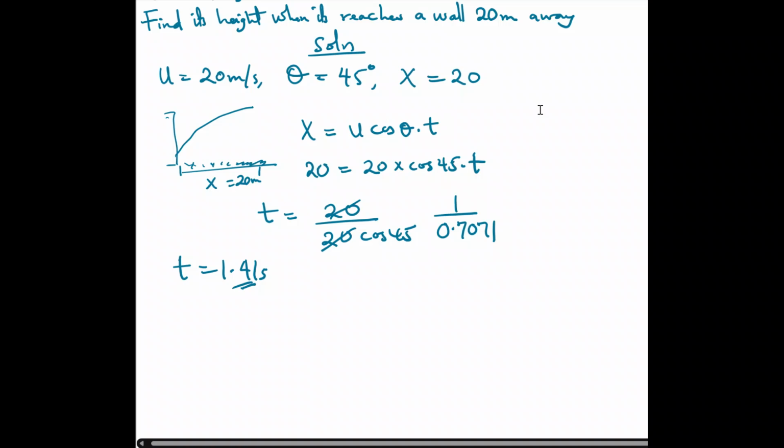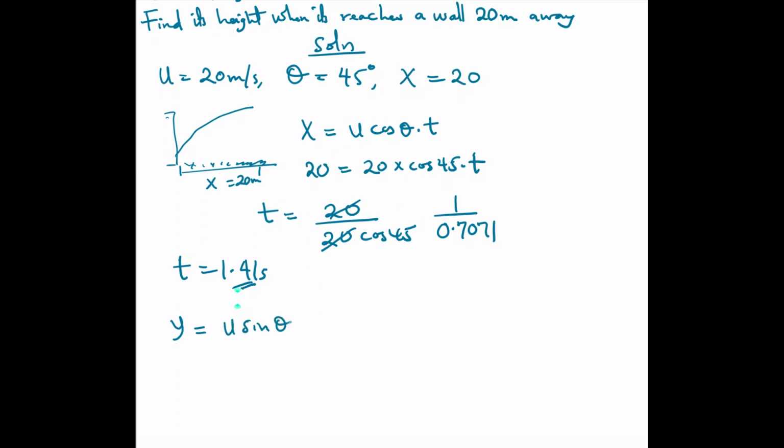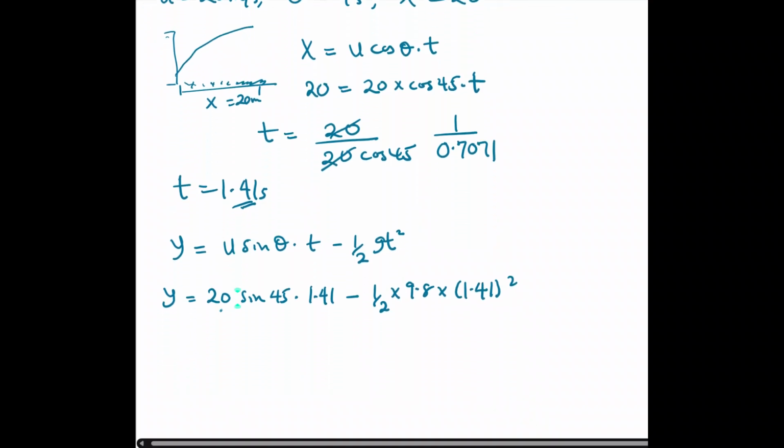Okay, so for us to find the vertical motion, because the height is the vertical motion of this projectile, the formula will be y is equal to u sine theta times t minus 1 over 2 g t squared. So we know that u is 20 meters per second, so y is equal to 20 sine 45 times the time, 1.41, minus 1 over 2 times acceleration due to gravity, 9.8, times 1.41 squared.